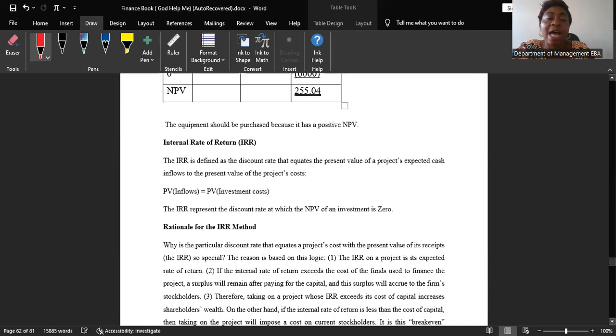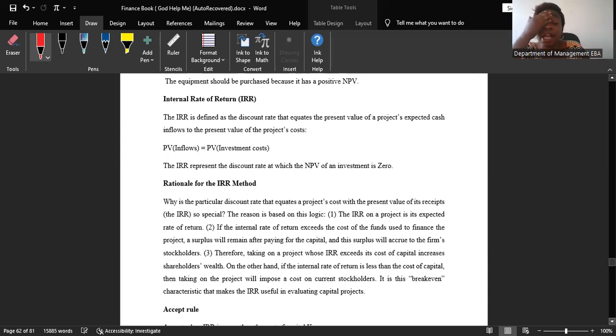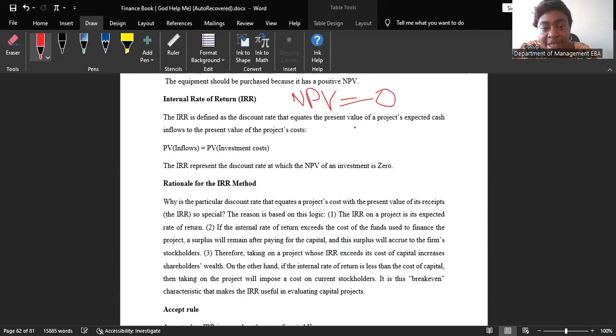Let's go to the second one, internal rate of return. That's where we assume NPV should be zero, meaning that the present value of cash inflow is equal to the present value of cash outflow. It's not as if they don't want to get any return on it.